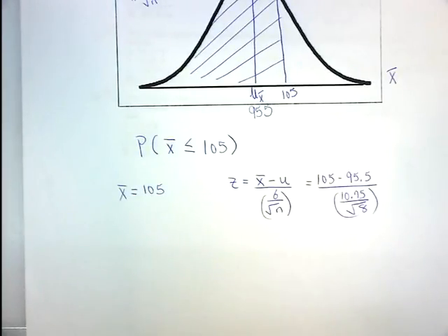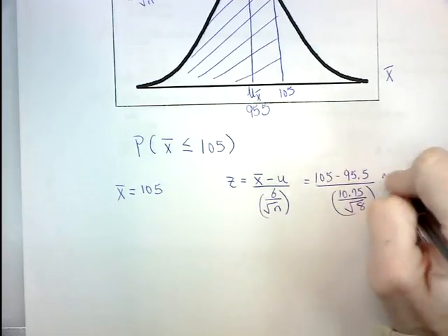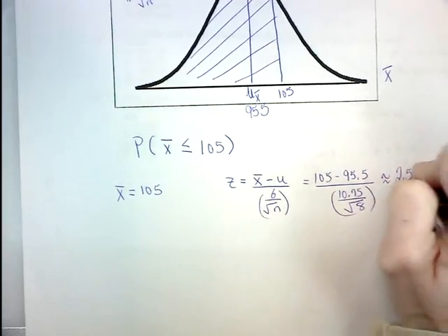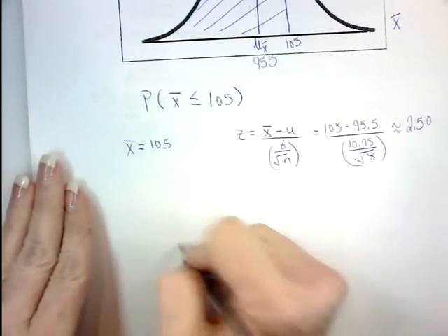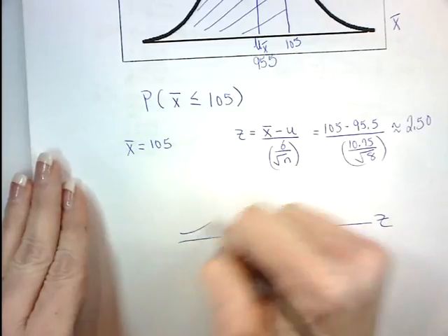And that z-score is equal to 2.50. And that's two places accurately. So the new picture in Z looks like this.